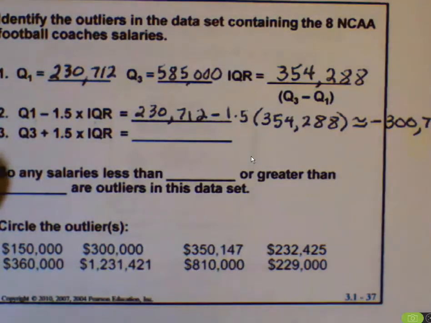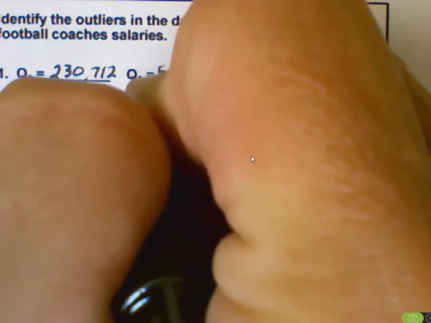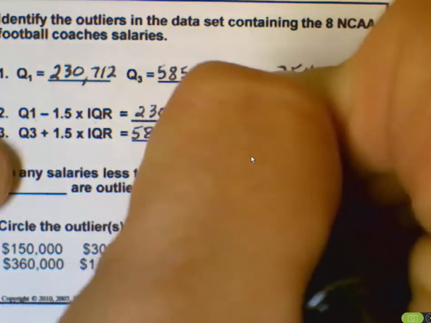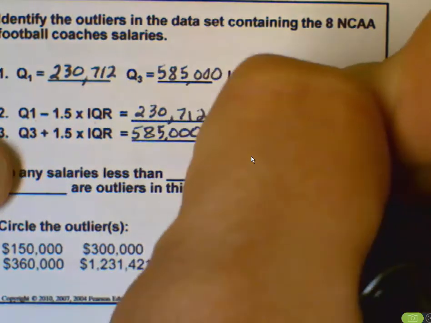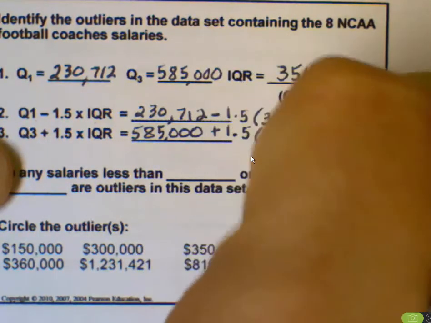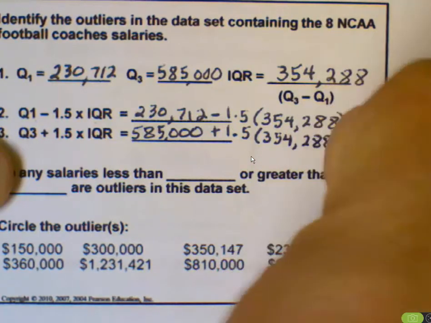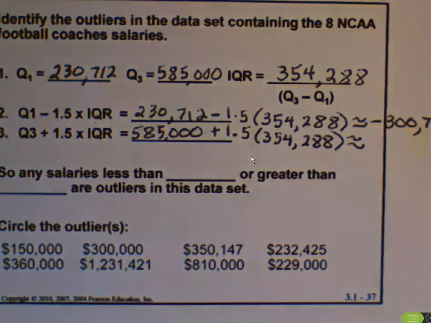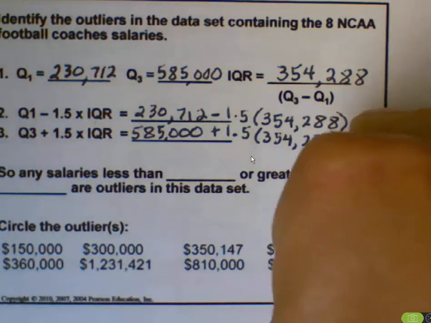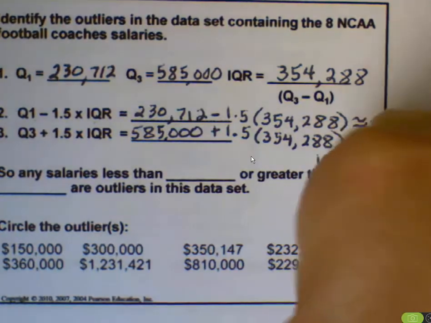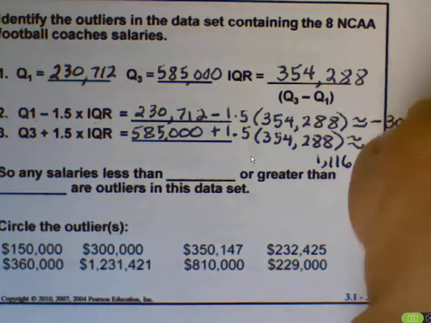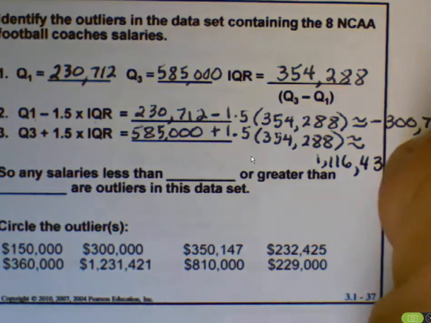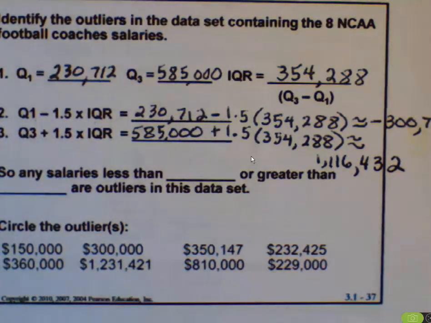The third quartile, $585,000, plus 1.5 times the interquartile range. I got that to be $1,116,432.